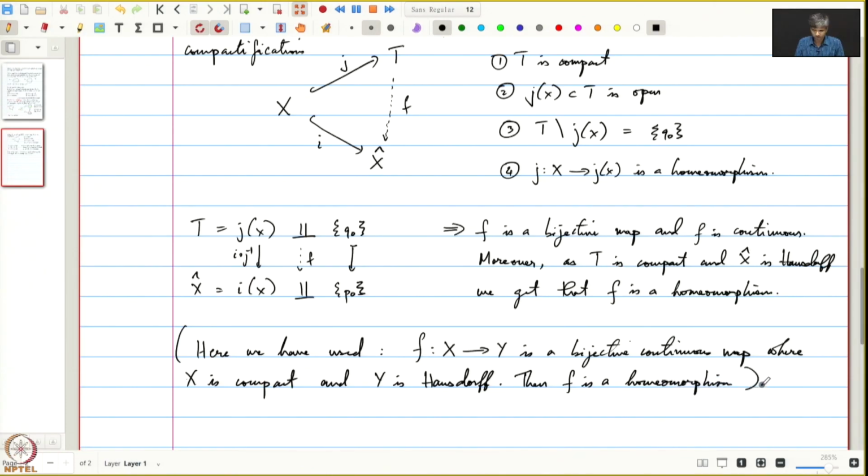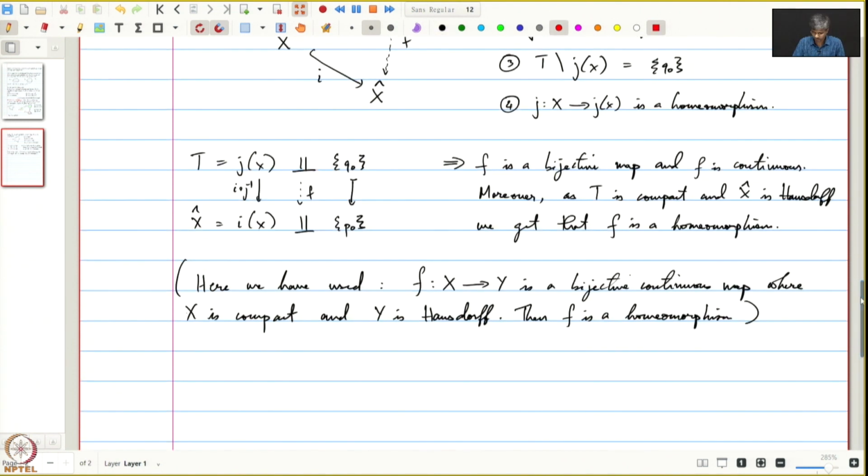So let me make a remark. It is important that Y should be Hausdorff, which is an assumption throughout the rest of this course, unless it is stated explicitly that a space may not be Hausdorff.